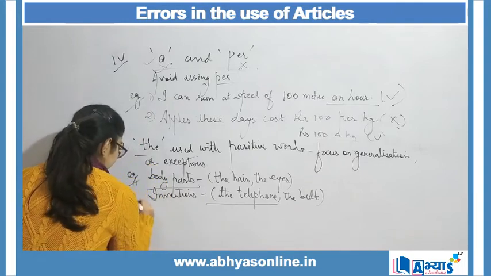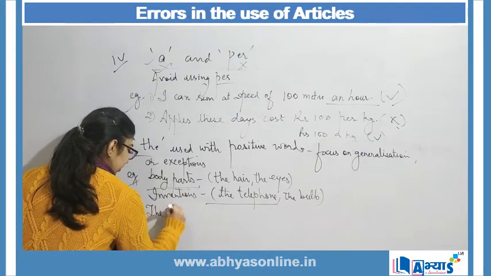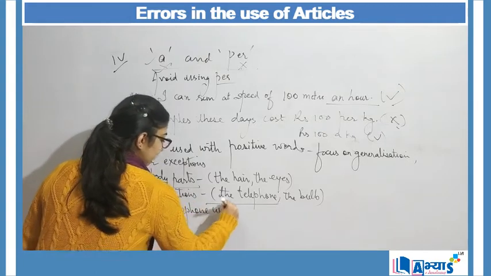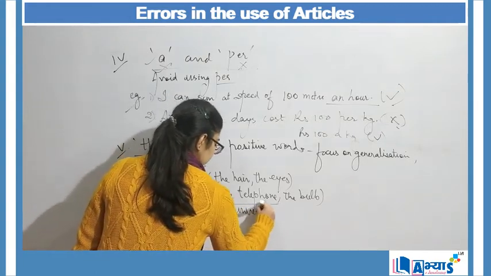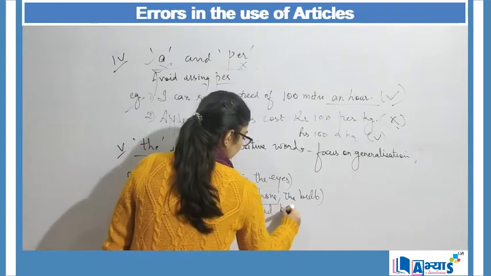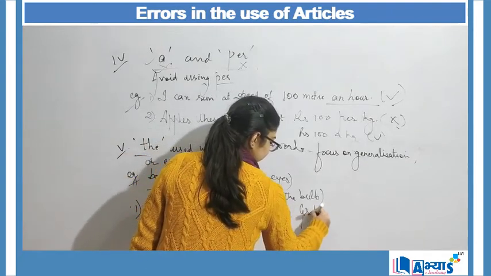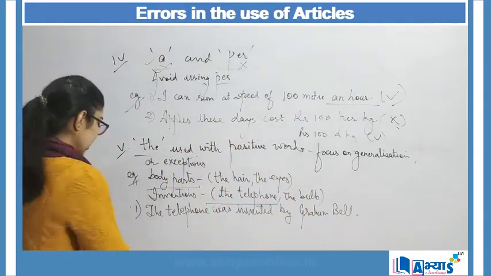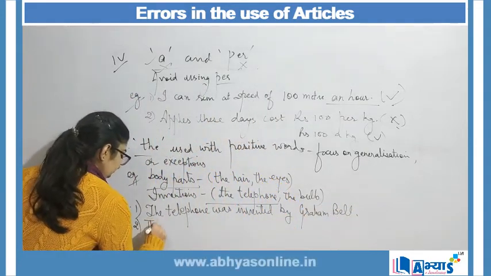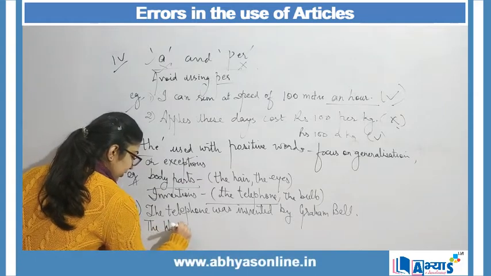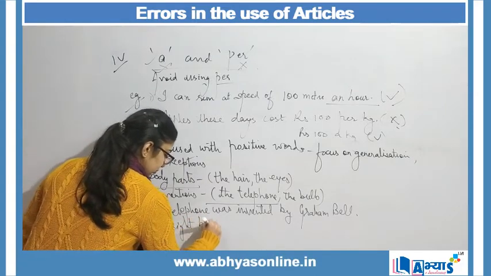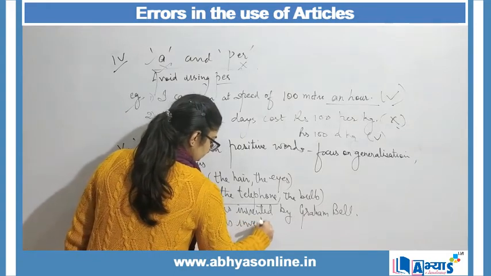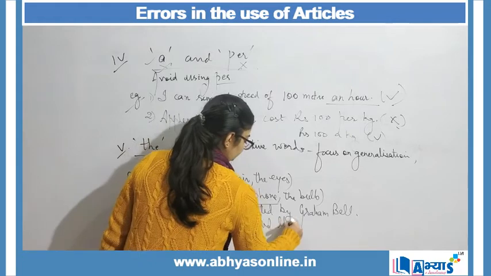Example can be the telephone was invented by Graham Bell, right? Or I can say the Wright brothers invented the aeroplane.